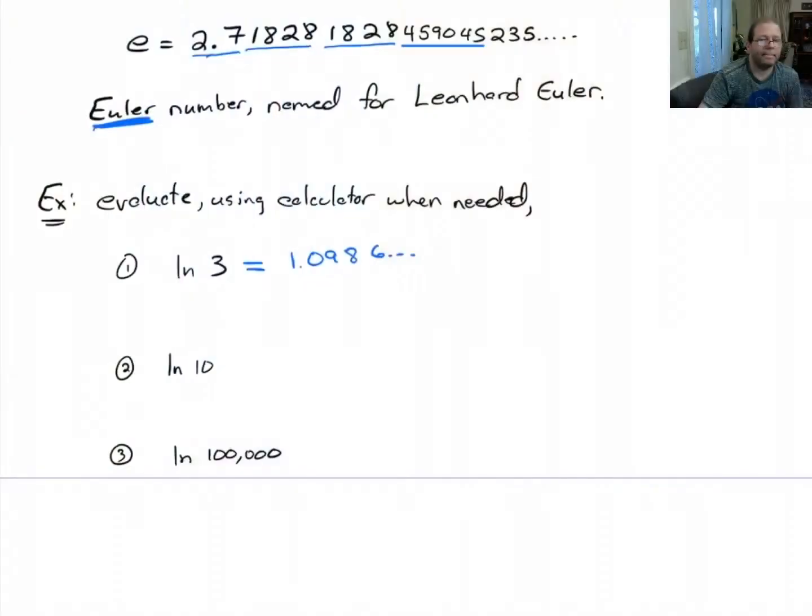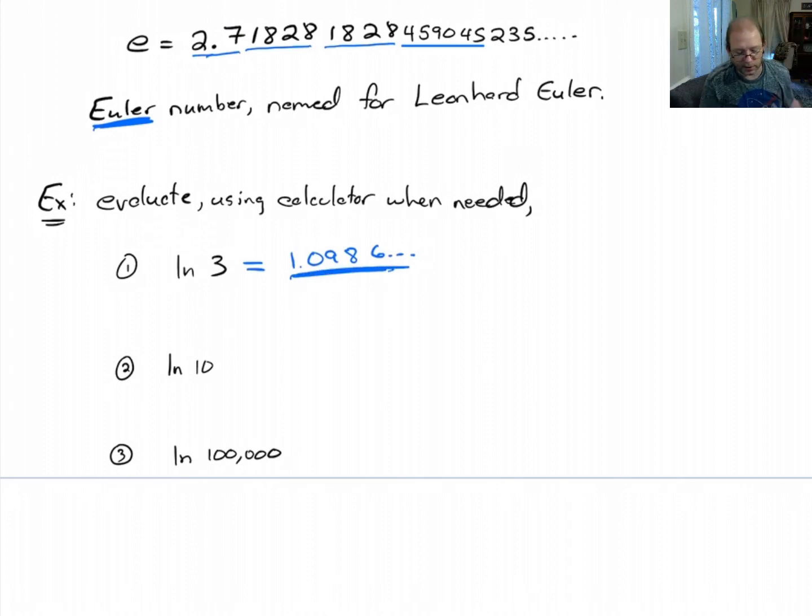When I hit that, it gives me 1.0986, which makes good sense. 3 is just a little bigger than e, so it makes sense that we'd have to raise e to a number a little bit bigger than 1 to get 3.